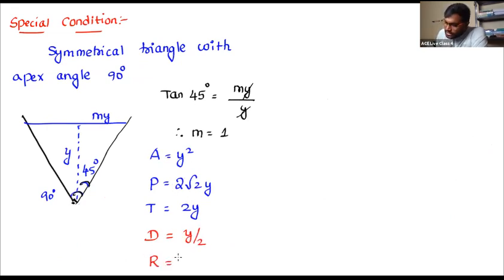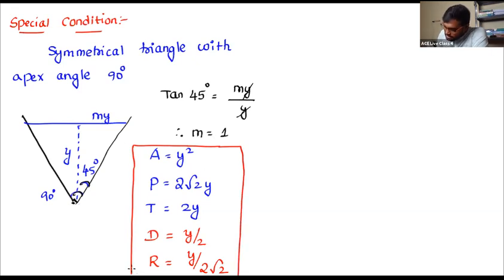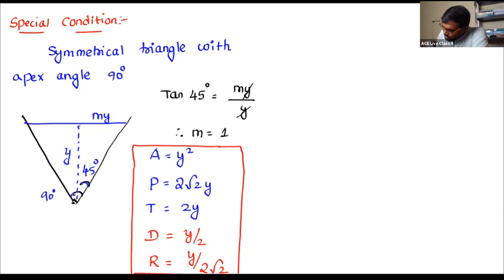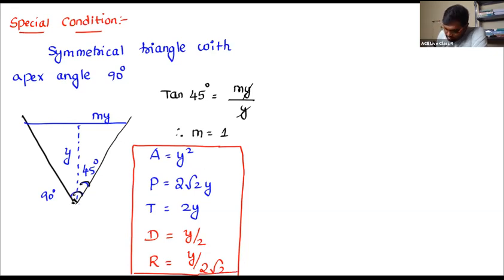And what about the hydraulic radius? A by P: y square by 2 root 2 y. Y gets cancelled, then y by 2 root 2. So these are the cross-sectional details in the case of the symmetrical triangle with apex angle 90 degrees.